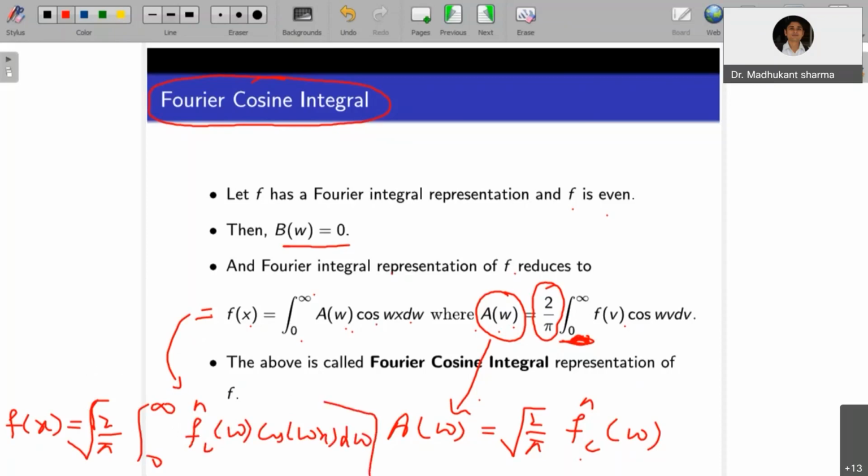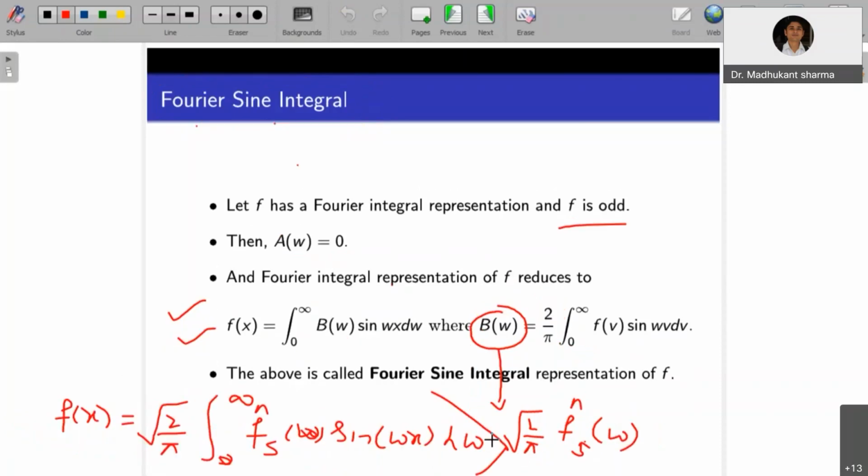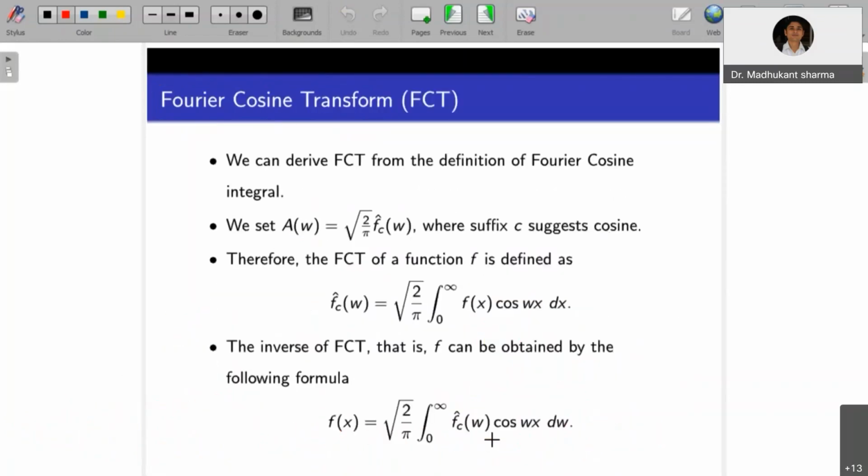So the inverse Fourier cosine transform is given by this formula, and the Fourier cosine transform is given by the other formula. These are the two forms which you are now going to learn.